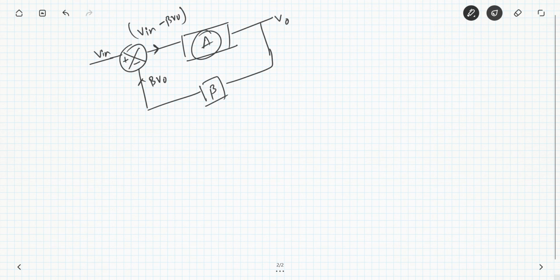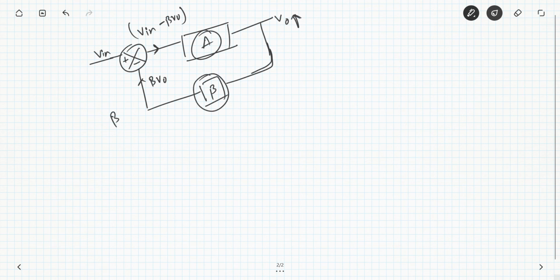Now for negative feedback, which certainly is here, what will happen if the output is increasing? We know that the main thing of negative feedback is stabilizing the output. So how does it stabilize? If the output is increasing, the feedback loop's contribution will increase.